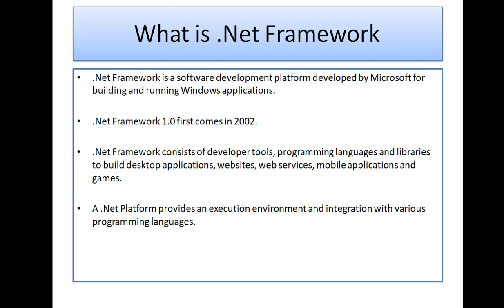And then the second point is .NET Framework 1.0 first came in 2002. Yes, absolutely correct, and it was also developed by Microsoft. Then the third point is .NET Framework consists of developer tools, programming languages, and libraries.